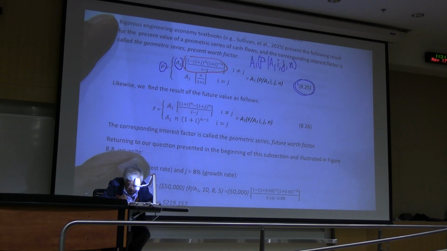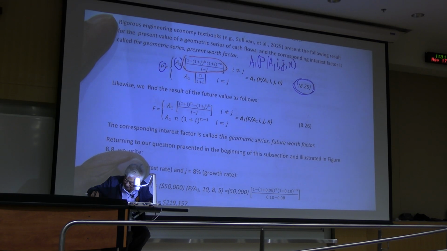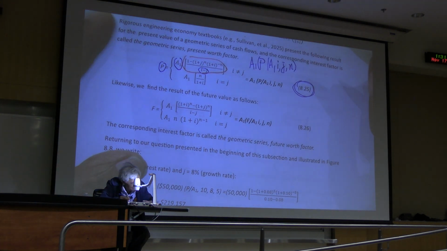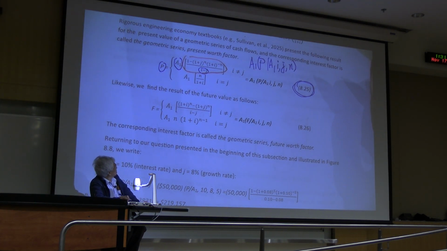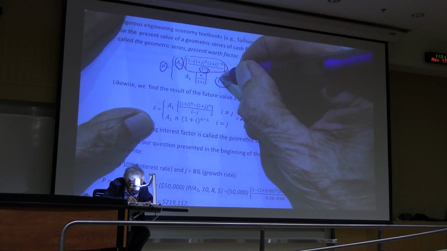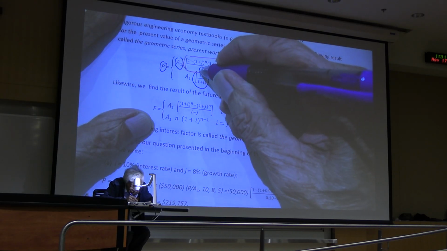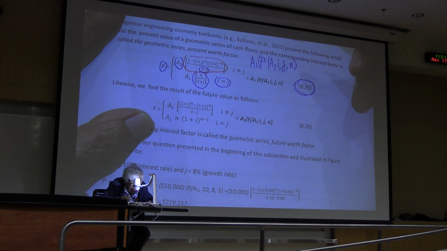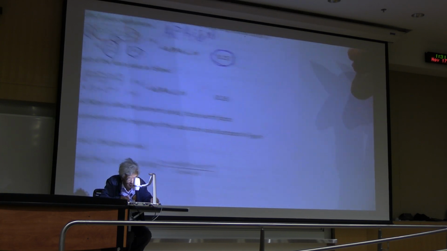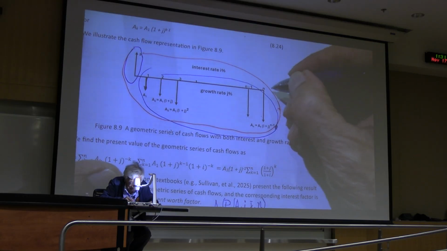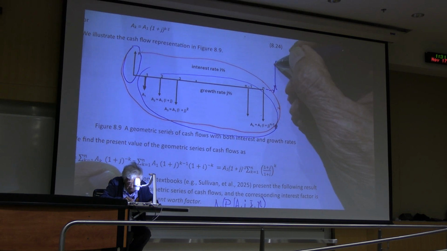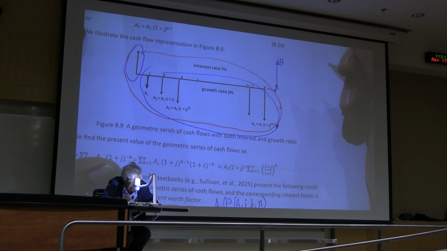What if i equals j? You notice here i minus j is in the denominator. That will cause trouble. So when i equals j, this simplifies to N over 1 plus i. Now, the other thing you might think about is the future value.